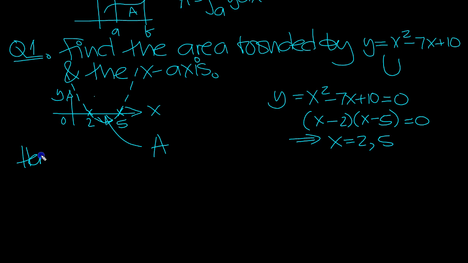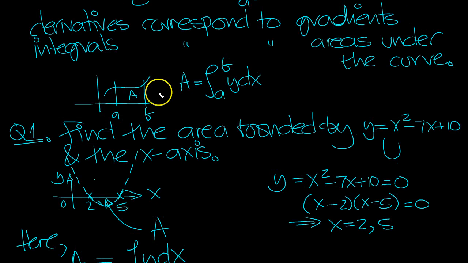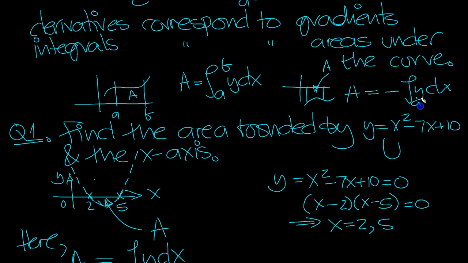So here the area is equal to... Now the point is, we said before that the area was integral y dx, and that's true, but that's only true in this scenario here. When a curve is below the axis, like so, and this is the area, because y is negative, we have to introduce a minus, so area is equal to minus integral y dx between the bounds a and b.